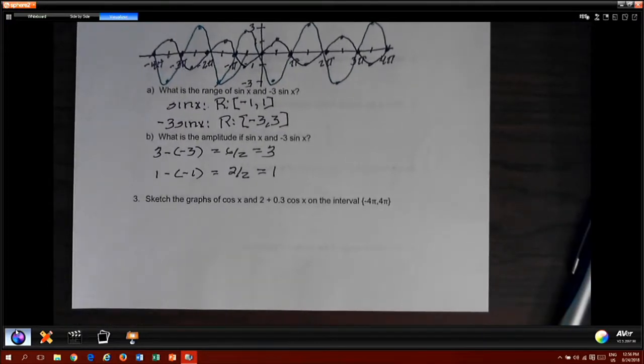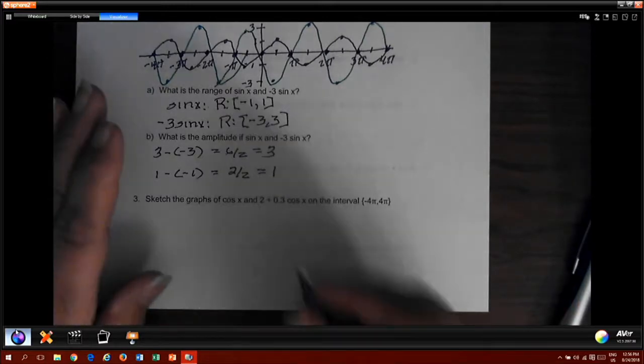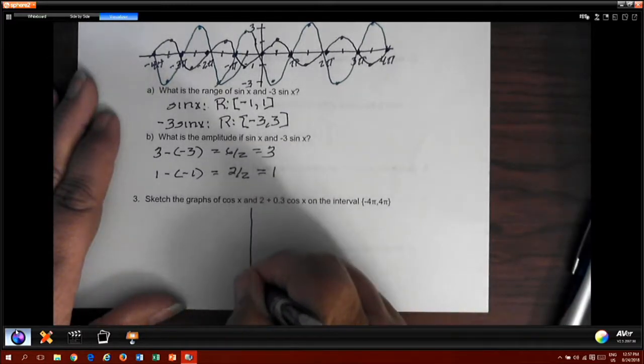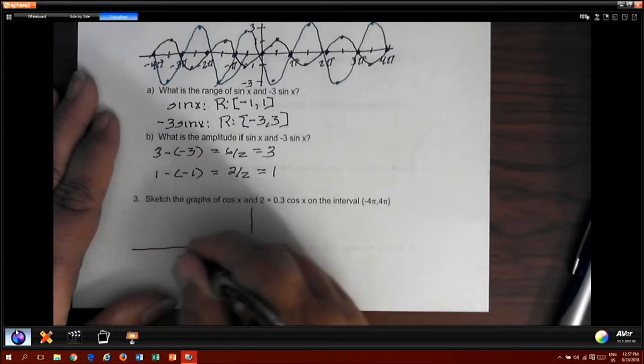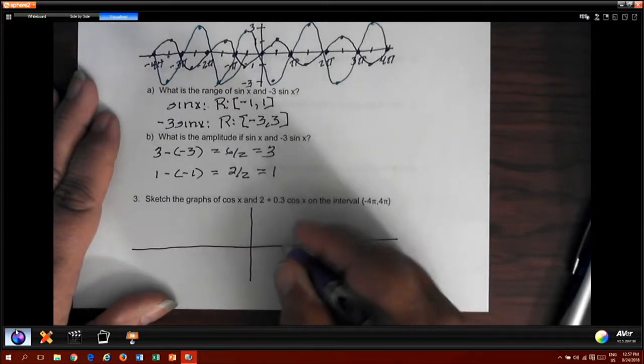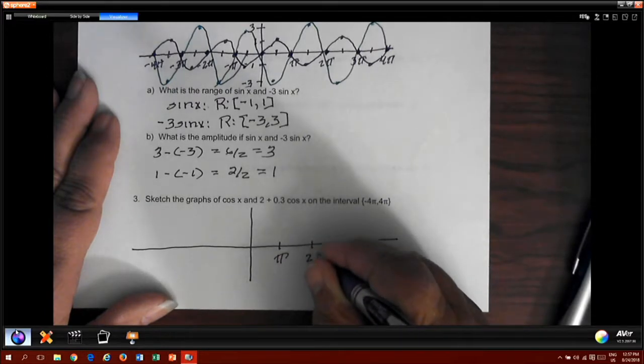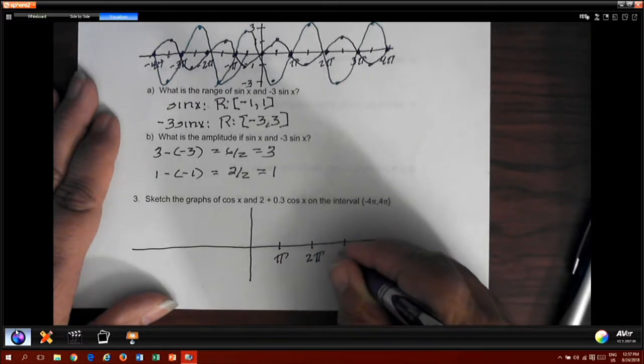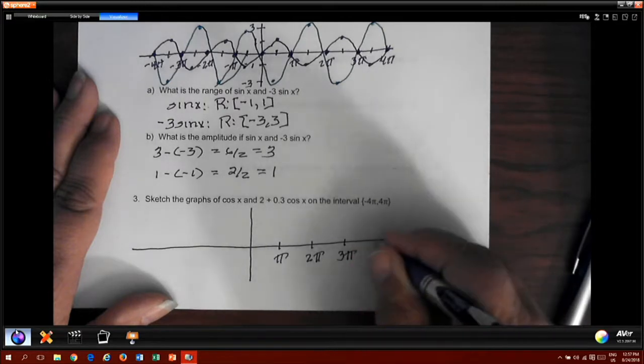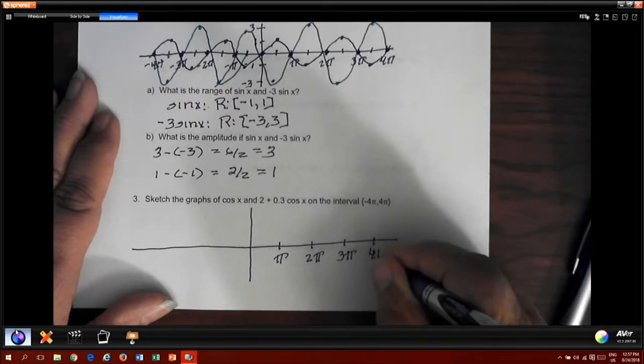Now we want to sketch the graph of cosine of x and 2 plus 0.3 cosine of x on the same interval. So we're going to do it on the same graph. Okay, so we have pi, 2 pi, 3 pi, 4 pi.